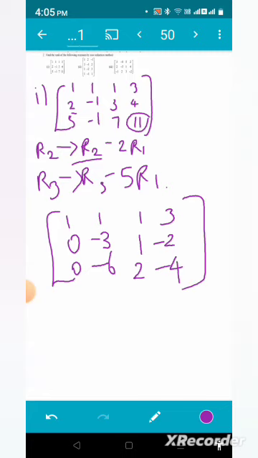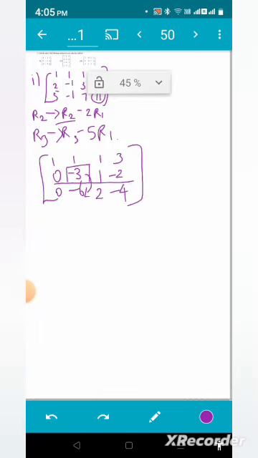So we get these two numbers as 0. Then the second row non-zero number is minus 3. So from this we have to change this into 0. So minus 6 we can change into 0.